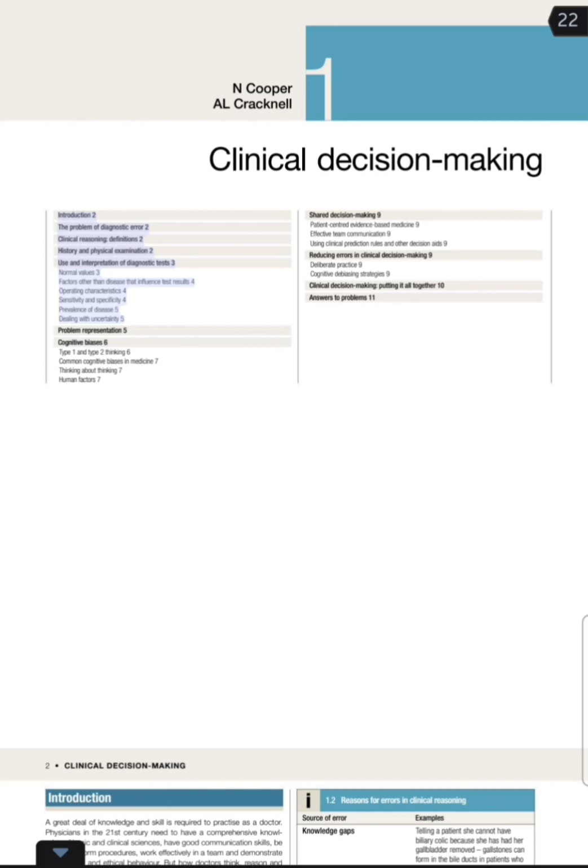Clinical Reasoning: Definitions; History and Physical Examination; Use and Interpretation of Diagnostic Tests; Normal Values; Factors other than disease that influence test results; Operating Characteristics; Sensitivity and Specificity; Prevalence of disease; Dealing with uncertainty; Problem representation; Cognitive biases; Type 1 and Type 2 thinking; Common cognitive biases in medicine; Thinking about thinking; Human factors; Shared decision making; Patient-centered evidence-based medicine; Effective team communication; Using clinical prediction rules and other decision aids; Reducing errors in clinical decision making; Deliberate practice; Cognitive debugging strategies; Clinical decision making: Putting it all together; Answers to problems.